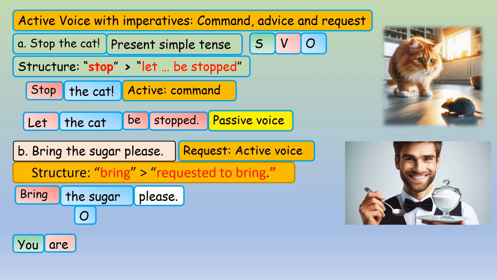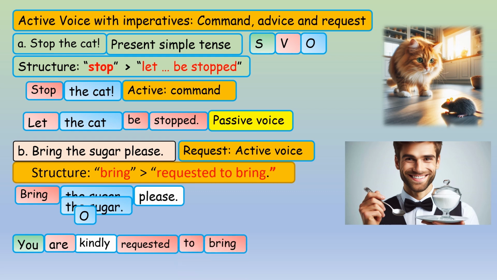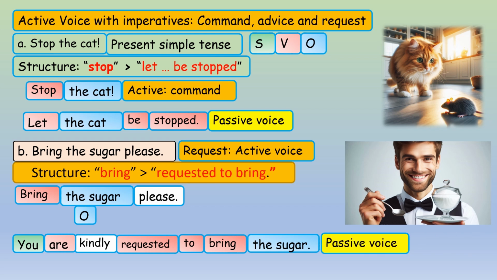Then we follow through are requested, kindly requested to bring the sugar. And that concludes the passive sentence. Bring the sugar, please. Active voice. You are kindly requested to bring the sugar in the passive voice.